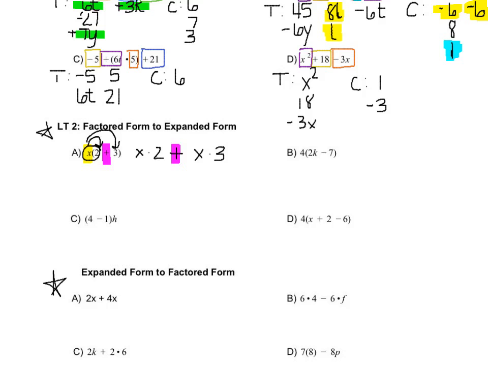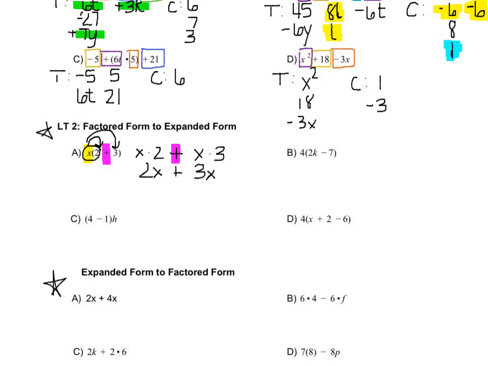Now it's fine to leave it this way, but hopefully you're starting to catch on that in math we like to use the idea of a coefficient. So generally we put the number first and the variable second. So x times 2 becomes 2x, and x times 3 becomes 3x.